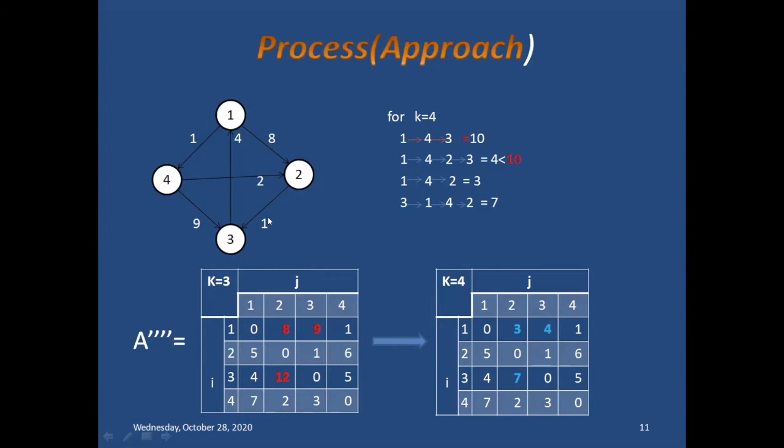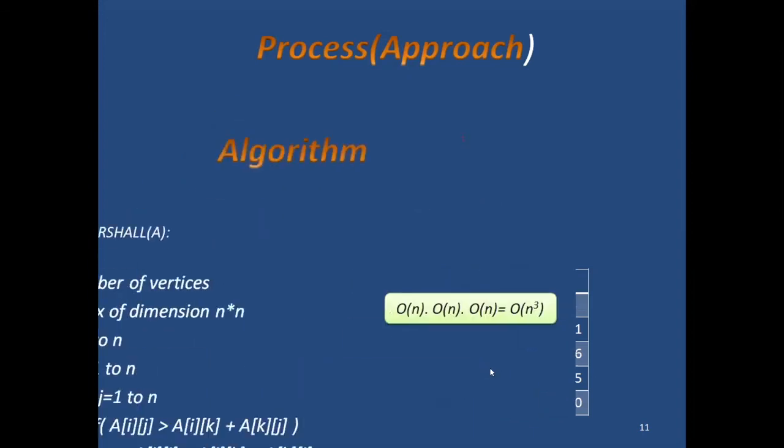The 4 is smaller than 10, so we receive 4 and put it in the matrix. We can go from 1 to 4 to 2 by distance 2 plus 1 equals 3, and we can go 3 to 1 to 4 to 2 by distance 7, and 7 is smaller than 12, so we receive 7 and put it in the matrix.